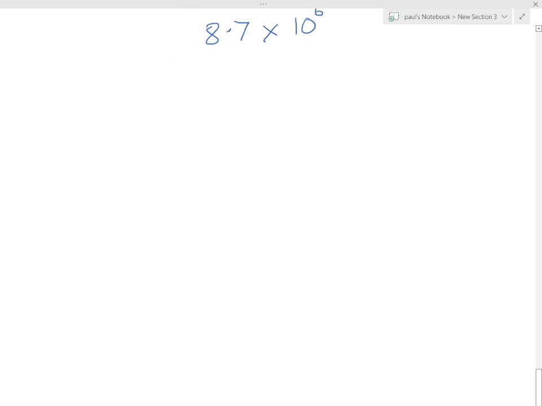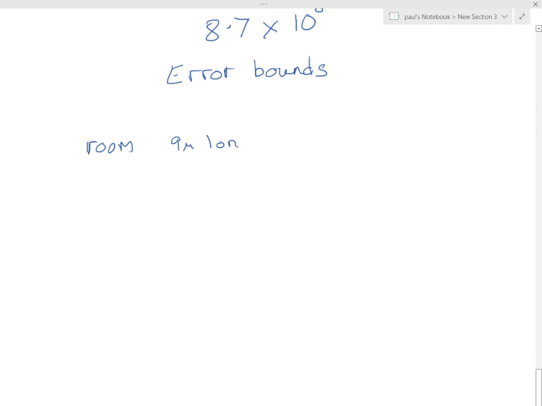Then we looked at error bounds. Now this is a tolerance on something. So say we measure a room, and the room is 9 meters long, but to the nearest 1 meter. Now there's the clue.